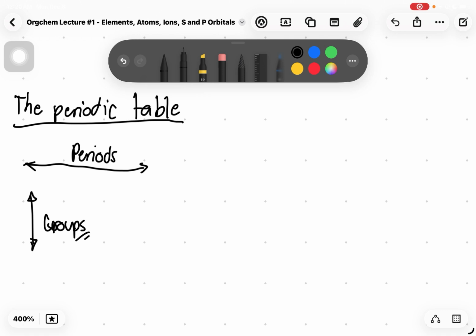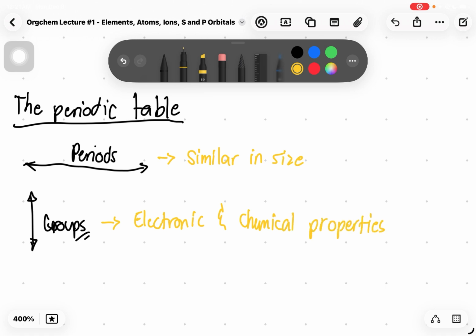In each row or each period, not always, but more or less, all of the elements of the same period are similar in size. But in a later video, we can find out more about the trends found in the periodic table. Now, for the groups, elements found in the same column should have similar electronic and chemical properties. What this means will be discussed in a later video.